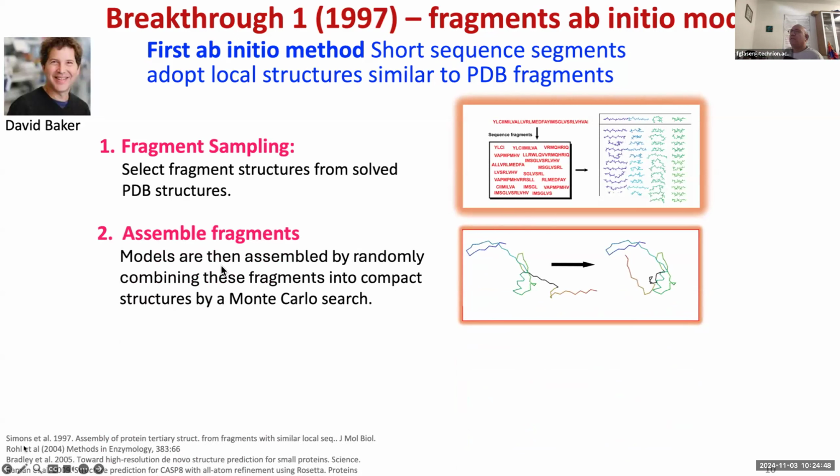The fragments are assembled by Monte Carlo search, randomly combining them. In a sense, it's like assembling a Lego of different parts for which I know the structures. It's a Lego ab initio method.